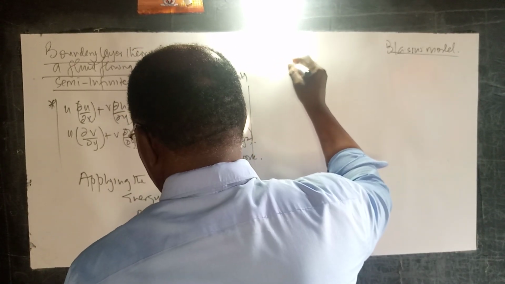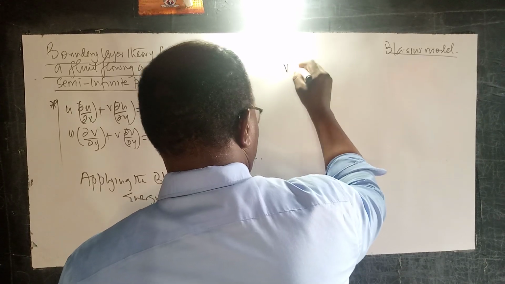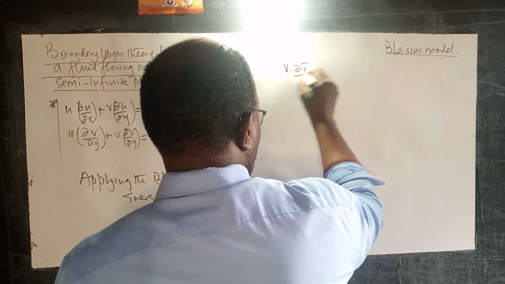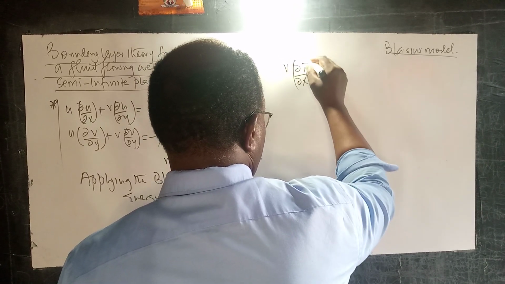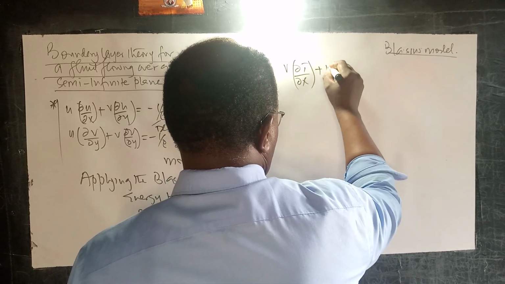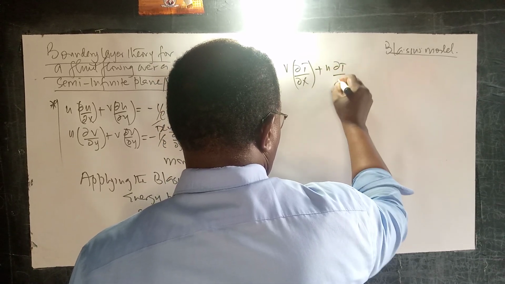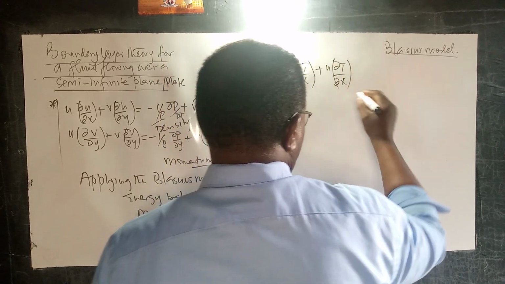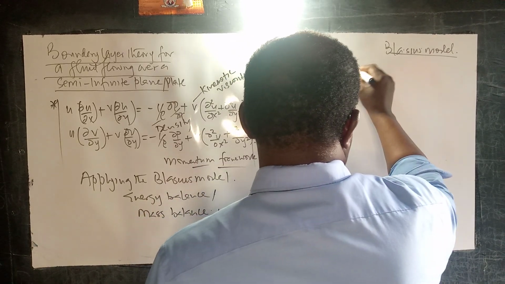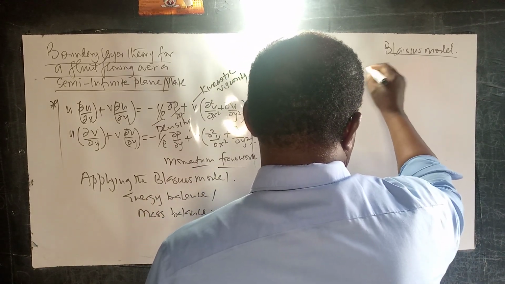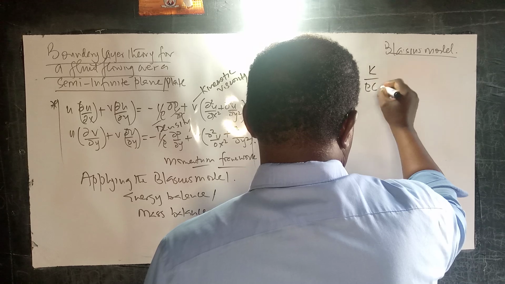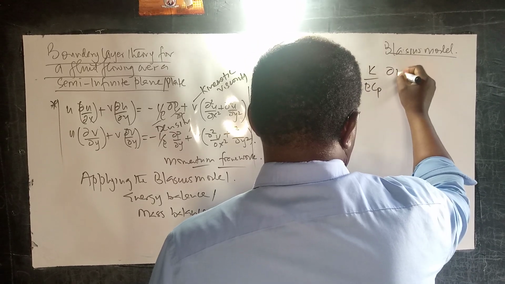In that particular case, we are going to have v del T del y plus u del T del x as being equal to k over rho Cp del 2T.